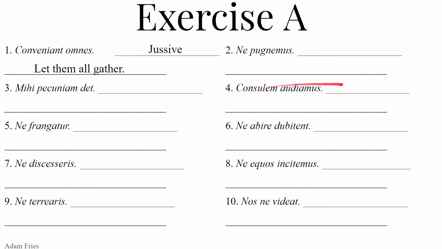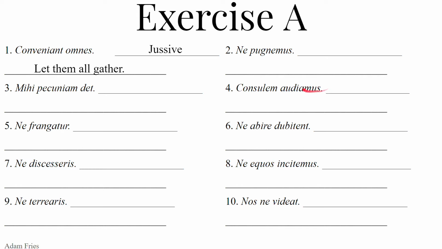Number 4, consulem audiamus. So consulem, the accusative singular masculine of consul, consulis. Audiamus, first person plural, present active subjunctive of audio, audire, audivi, auditus, to listen or to hear.